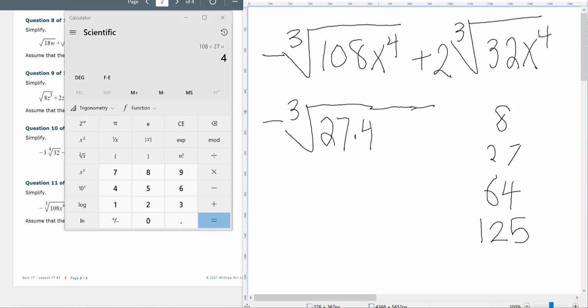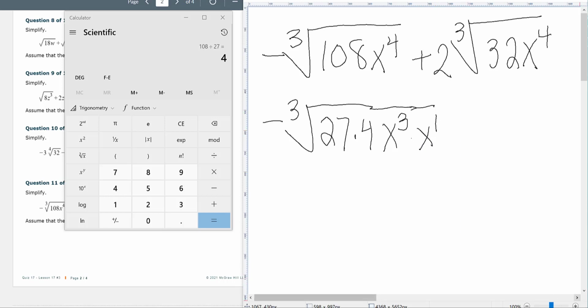So remember, when I divide my variable's exponent by the index, there's going to be 1 left over. So I need an x to the third and an x to the 1 for that. Over here, 32 is 8 times 4. 8's a perfect cube.